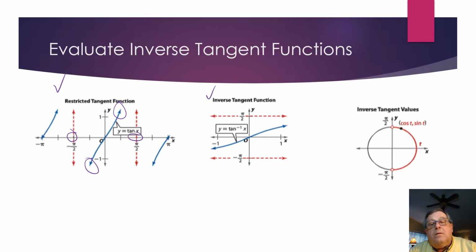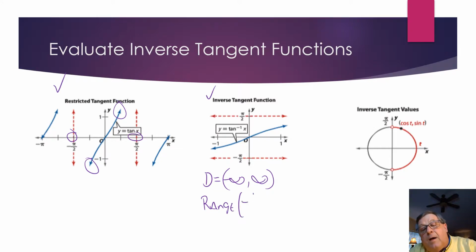Well, my domain actually goes from negative infinity to positive infinity, and my range is going to fall within that period. I should have just put R, but my range is going to go from negative pi over 2 to pi over 2.